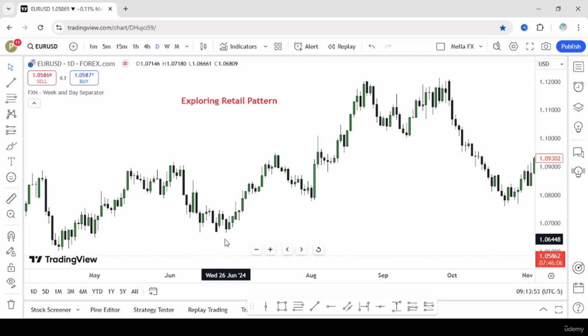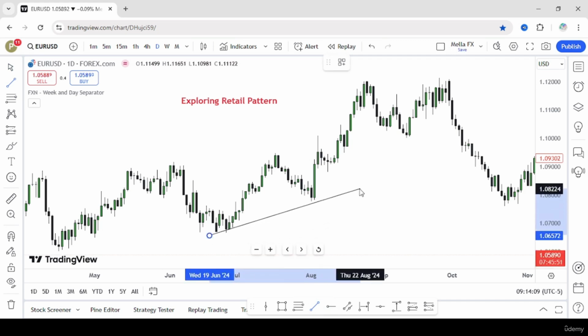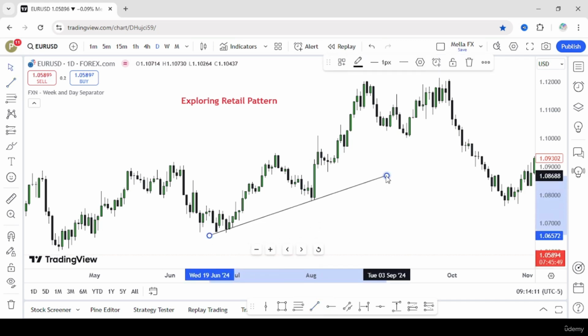I know that for me, I tried to use this pattern, but it was not making sense. Maybe for you it was not making sense too. For example, when you outline this trend line and anchor it on this low and on this higher low, you see that the next one will not touch it.